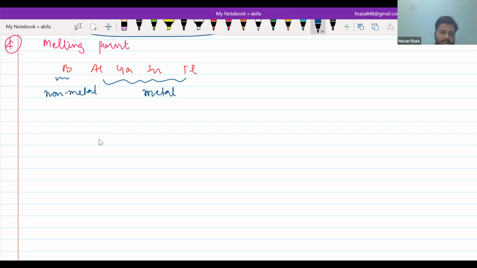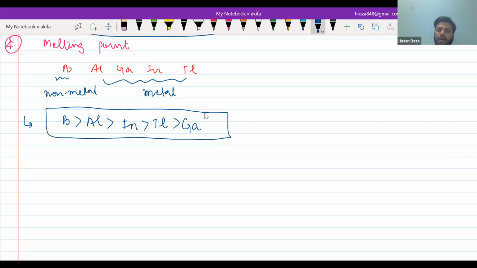But what happens here is that boron has a higher melting point than aluminum, then indium, then thallium, then gallium. Gallium has the lowest melting point. It even melts at 30 degrees centigrade. If you keep it on your palm, it will melt.